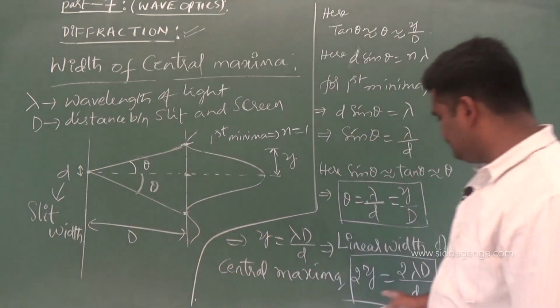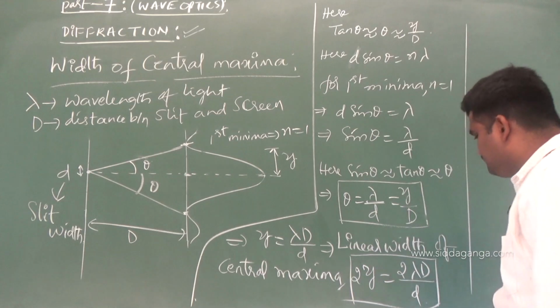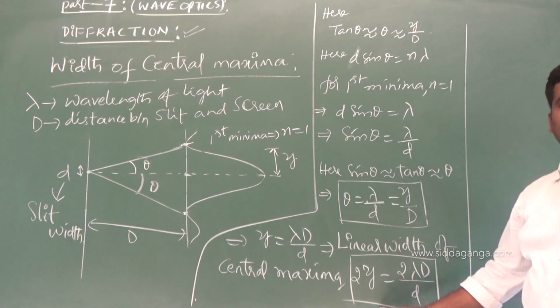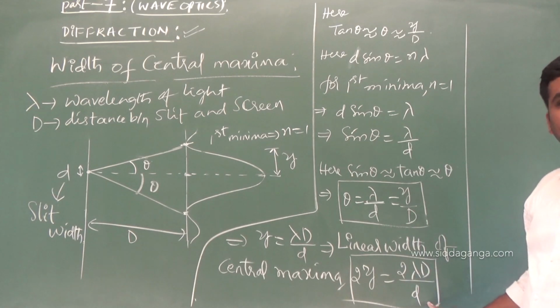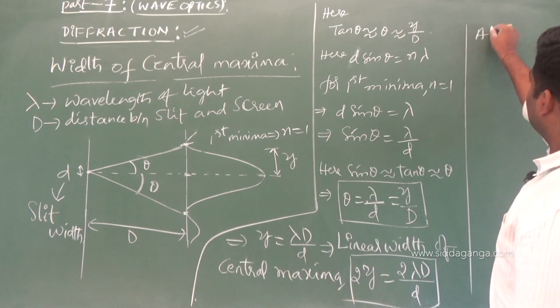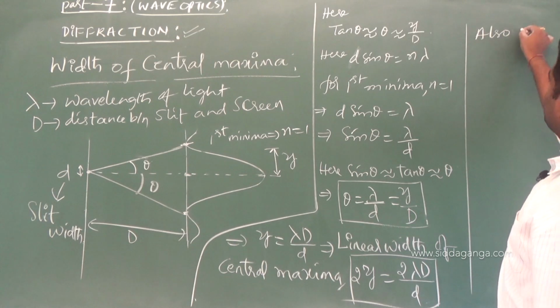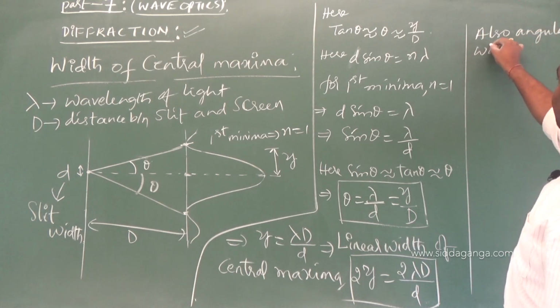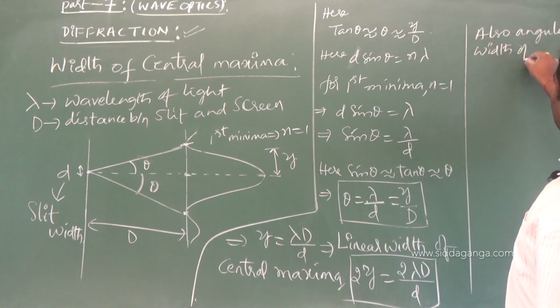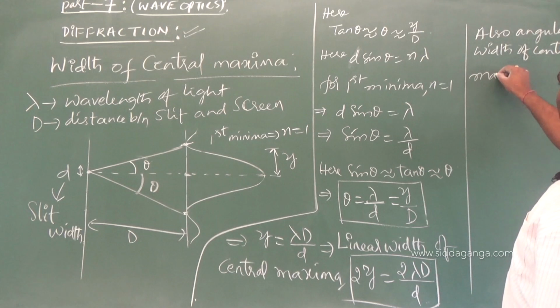So now we have arrived at the relation for the linear width of central maxima: 2 lambda capital D by small d. Similarly, the angular width of central maxima.